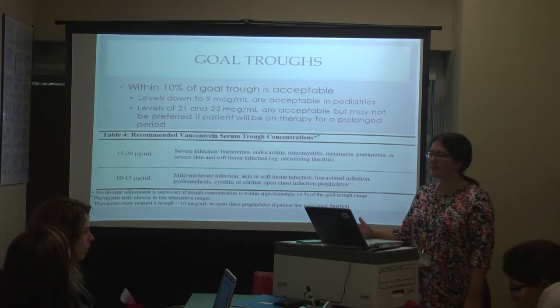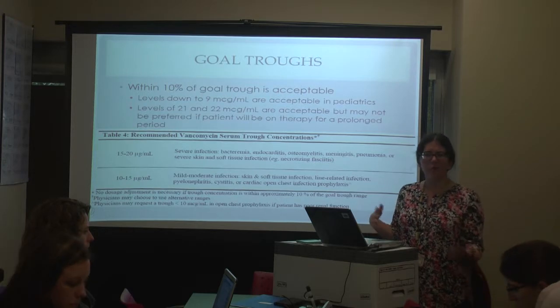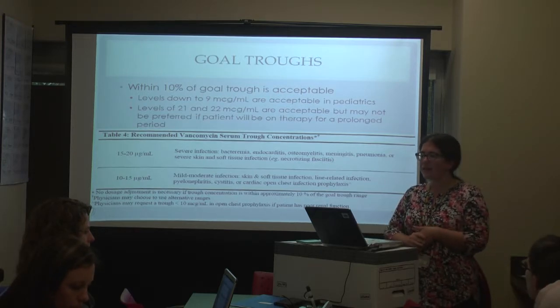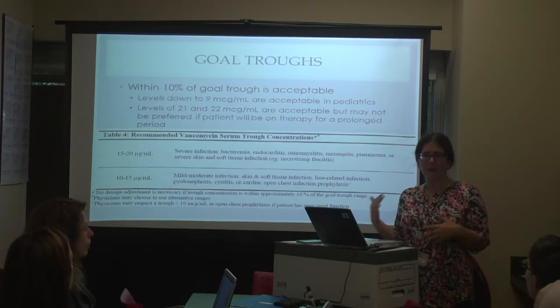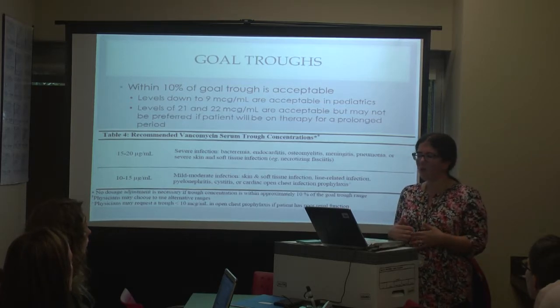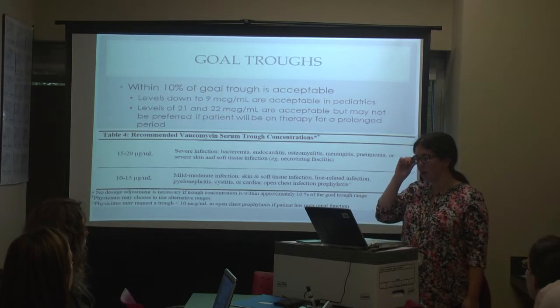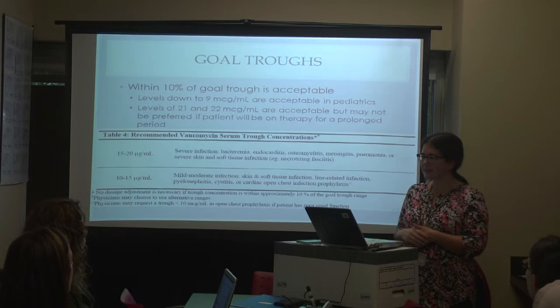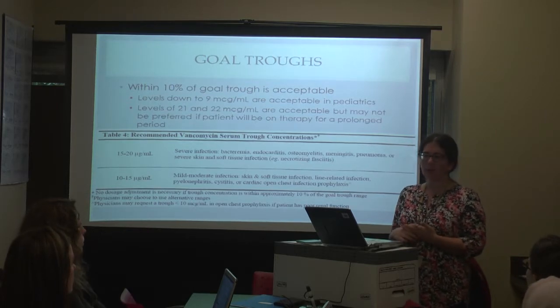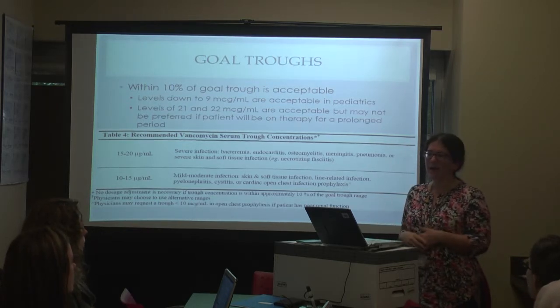One thing you may see, though, is that if you have a level of like 21 or 22, for example, that's certainly within that 10%, but I would also take a minute to think about how long that therapy is going to be. If they've only gotten 3 doses of vancomycin and you're already at 21, especially if they're a bigger patient, maybe they're going to take longer to get to steady state, or you're going to be continuing for a really long time, and that may be on the higher end.